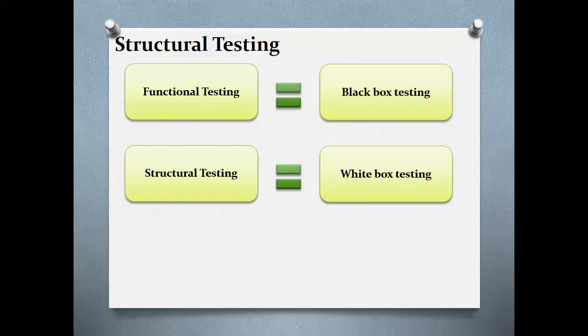Structural testing is usually performed at lower levels of software development, for example, at component or code level or integration level, also known as hierarchy level. In structural testing, the internal system design is considered and testing is based on the logic of the application code.